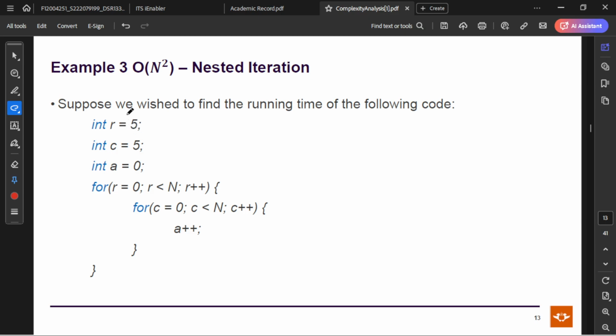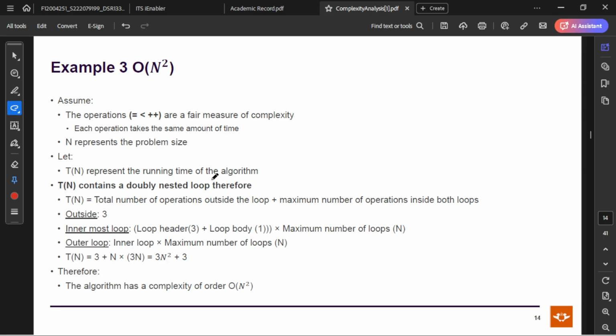So you're gonna use the assignment, the less than or the comparing, the plus plus will count as 1, right? Same applies to here, nothing changed. Same applies to here, nothing changed. So you're only gonna be using the equal sign, the less than, the plus plus, right? Hence these conditions over here. The operations are a fair measure of complexity. Again, this part you can just copy as it is.